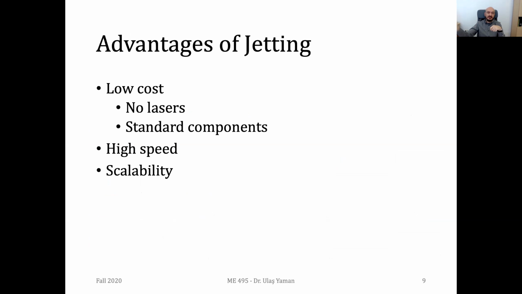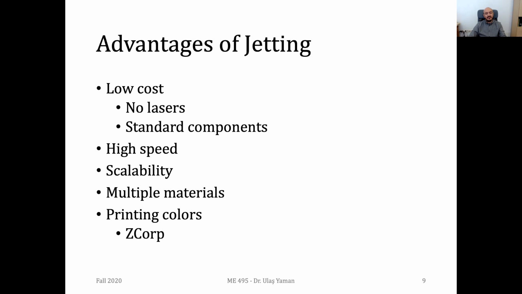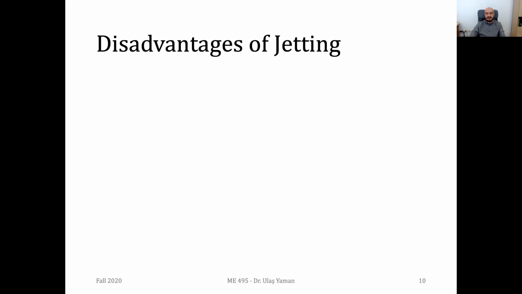With a single pass over the table, you can join the powders in just a few seconds. And you can do it on a very small scale or large scale. So we can say that it's scalable, and can make use of multiple materials, even colored ones. And we have companies working on colored jetting processes like Z Corp or Surfaces.